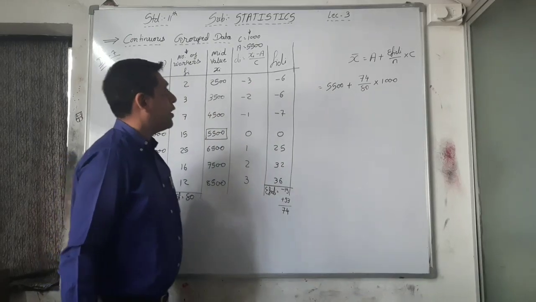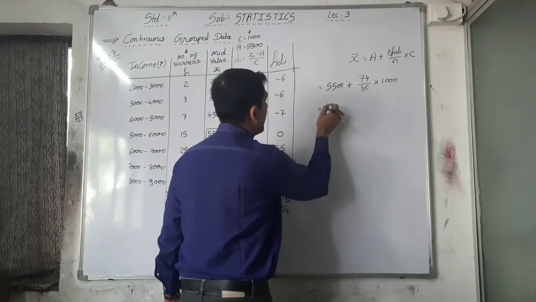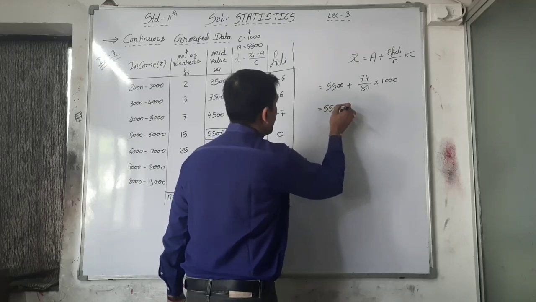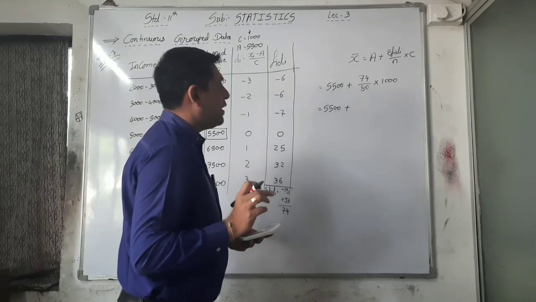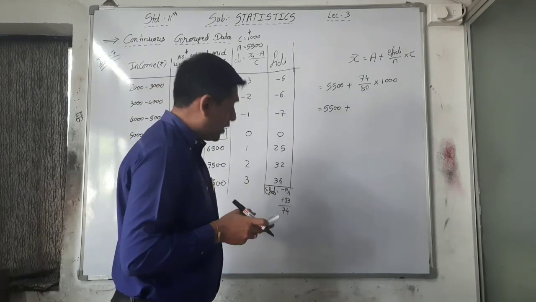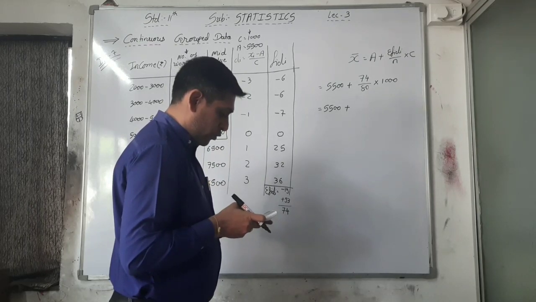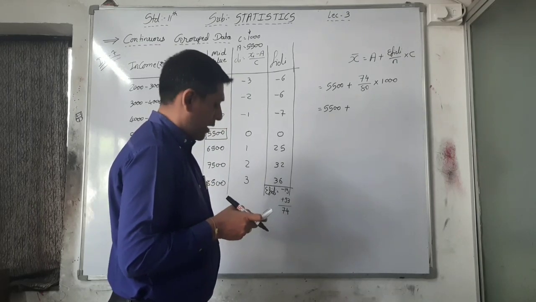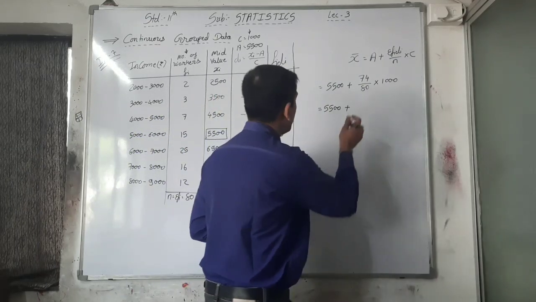Okay, so here I am writing 5500 as it is first of all, then 74 divided by 80 into 1000. You have to simplify this compulsorily. 74 into 1000 divided by 80 is 925.